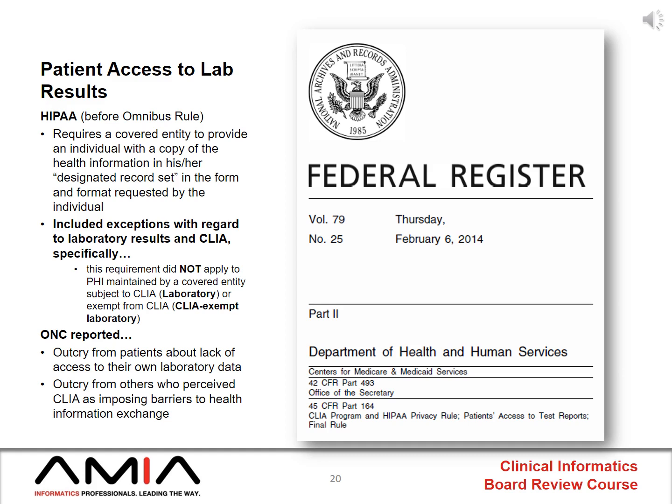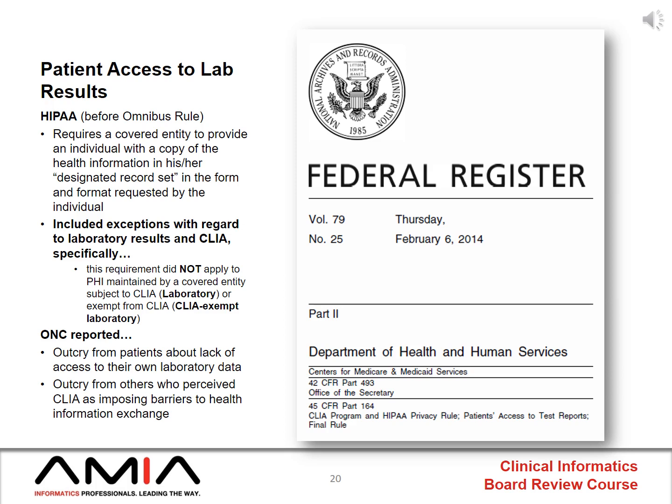You should be aware that prior to the patient access rule, under HIPAA, healthcare entities were required to be able to provide an individual with a copy of their designated record set health information, but they provided an exception for CLIA and laboratory results because CLIA pre-existed HIPAA, and it required that laboratories could only release laboratory results to an authorized provider or person who had ordered the test.